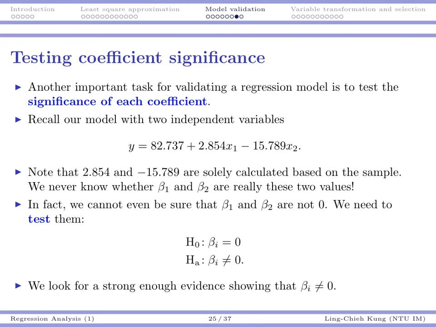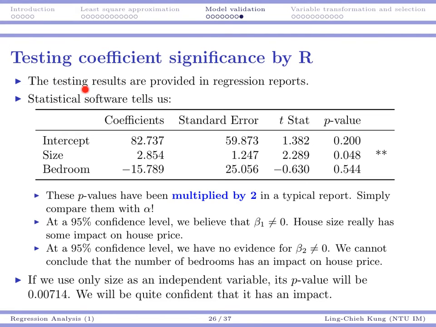So let's see how. The testing result is actually provided in regression reports. For each coefficient, we would typically get 4 columns in a regression report. Different software may have different formats, but most likely we will get these 4 columns.